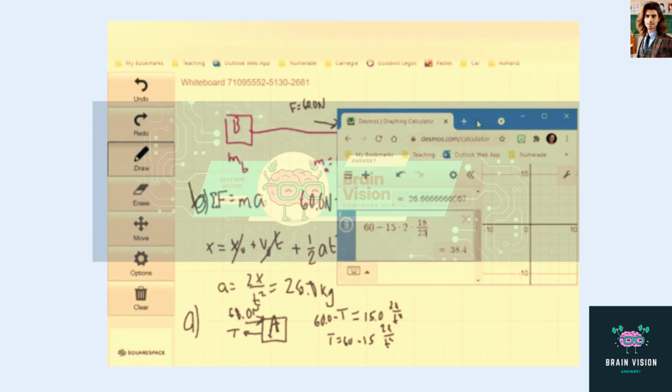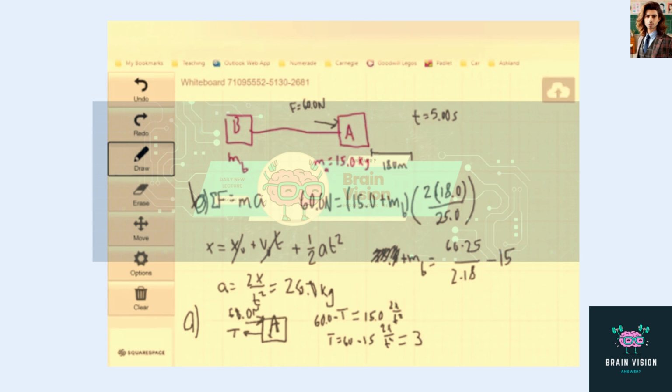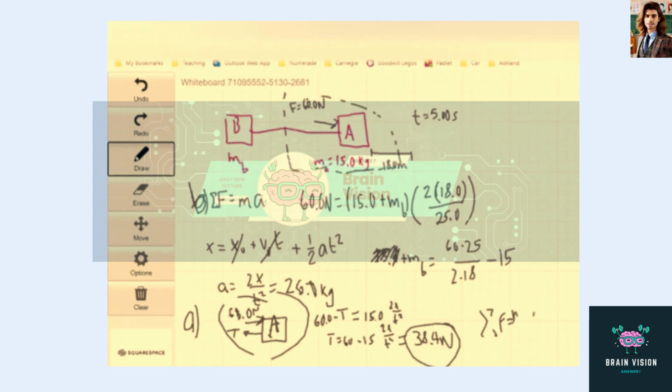And that gives me 38.4 newtons. So again, down here, I did sum of the forces for just this component, just this part, equals mass times acceleration for just this part.